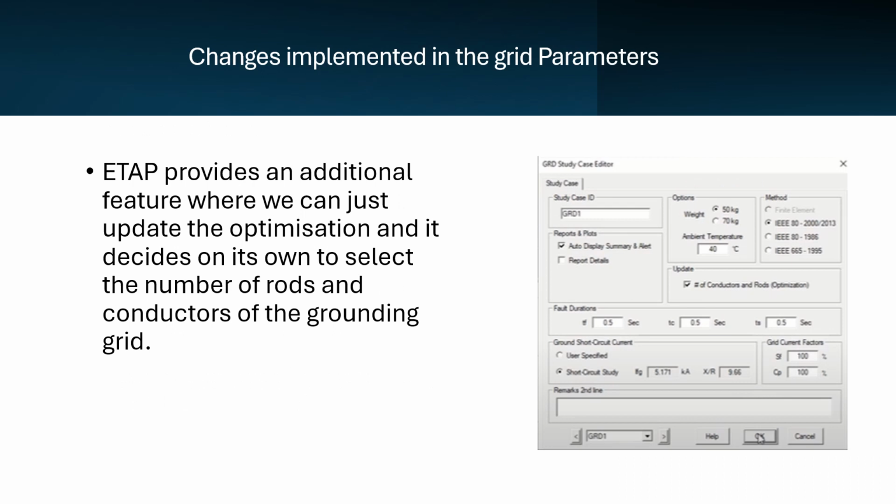So we have made changes in the design grid by the suggestion given from ETAP software. We have increased the number of rods and the number of conductors in X and Y direction. After that we will see what result we have now.